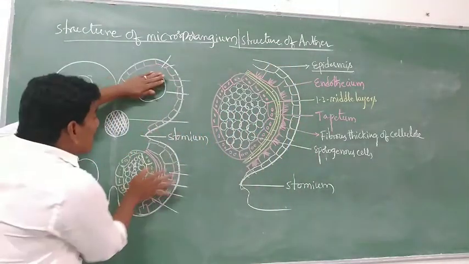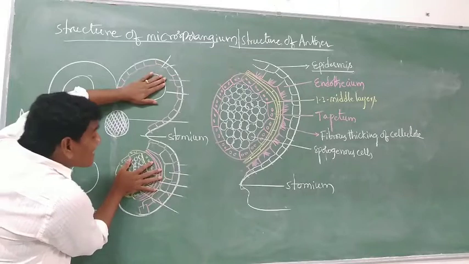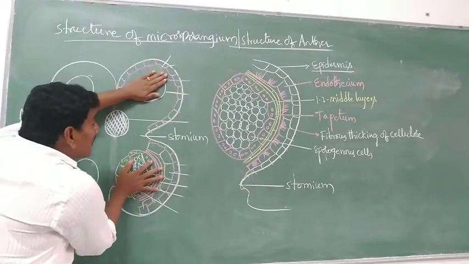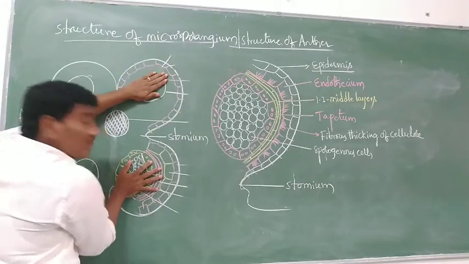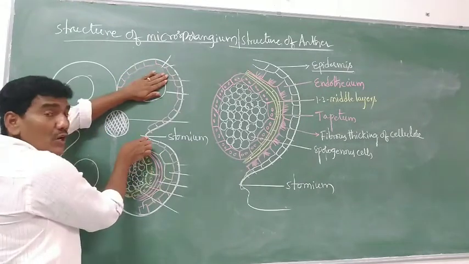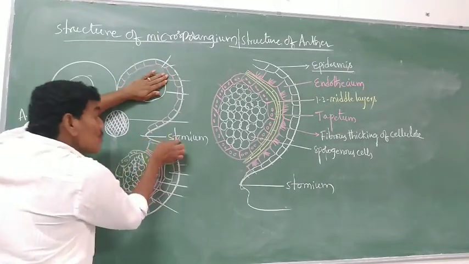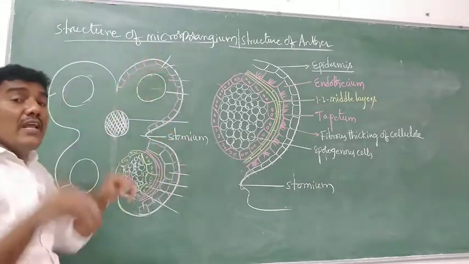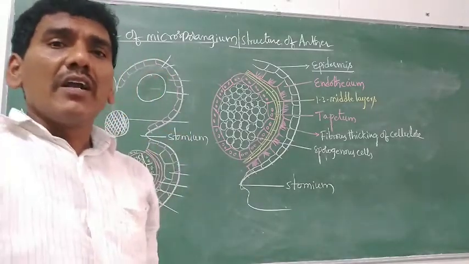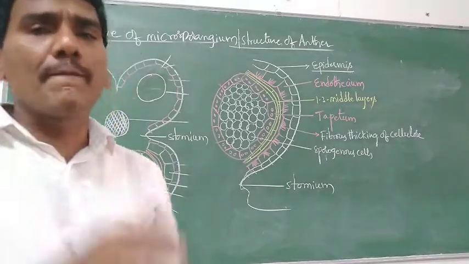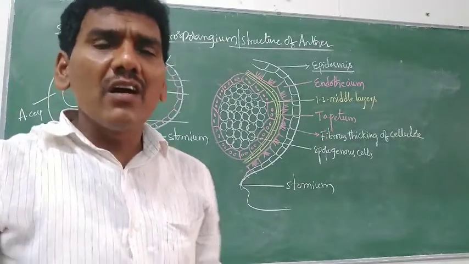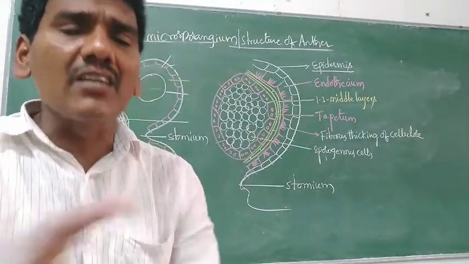The cells present between the two pollen sacs, the two microsporangia, are thin, and they constitute the stomium. The stomium is mainly helpful for dehiscence of the anther.